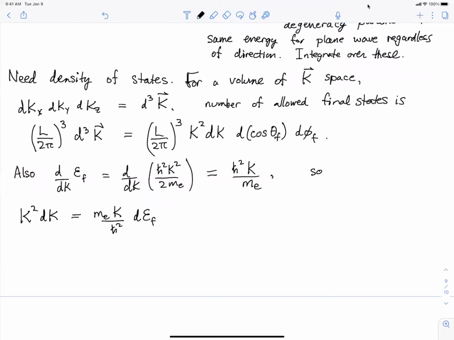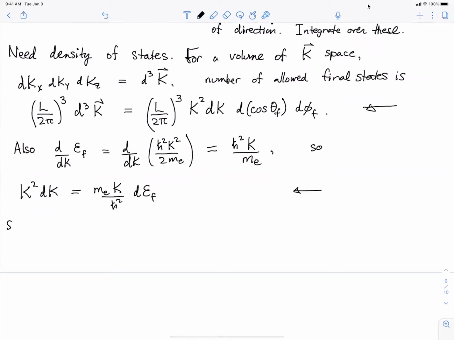Okay, so now we're going to put this equation together with that equation and write it like this.